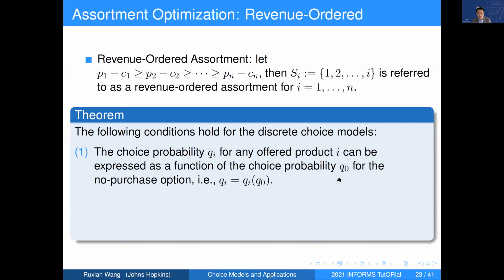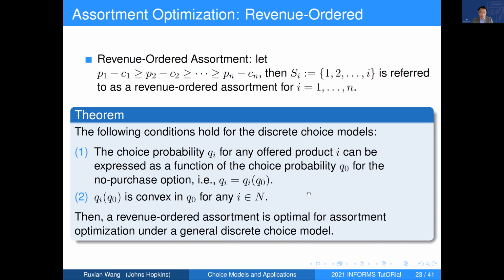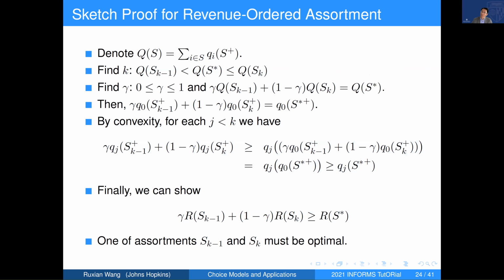If there is a relationship between Q_i and Q_0, and if the relation is convex, then we can say a revenue-ordered assortment is optimal for the assortment optimization on a general discrete choice model. How to prove this? Here, just very briefly, we talk about the proof of the optimality of the revenue-ordered assortment for the assortment optimization problem.